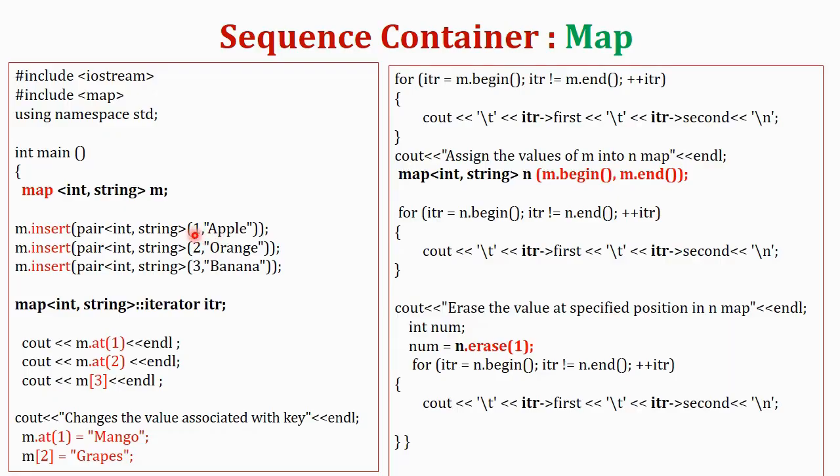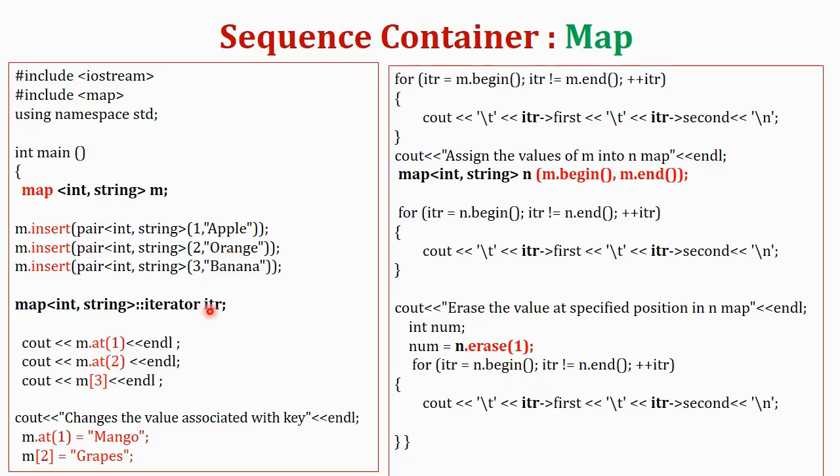First we insert the first content, followed by 2, orange, and the third one is 3, banana. So 1, 2, 3 are the keys. Apple, orange, banana are the values. Now we are inserting the values as key value pairs.